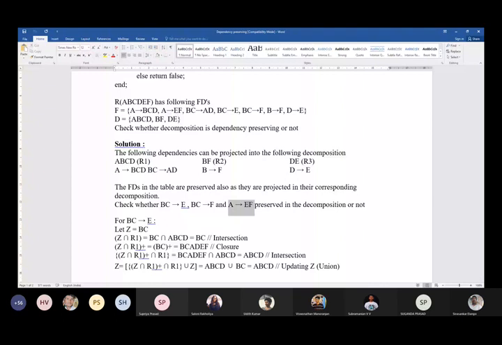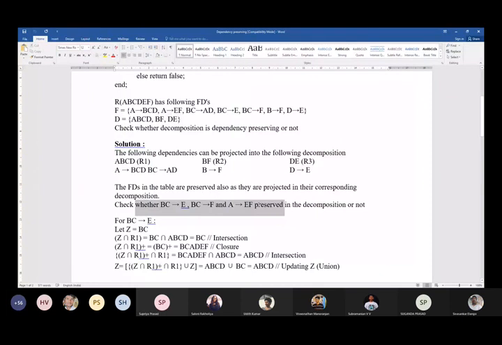BC determines EF, BC determines E is true, BC determines F is true, right? That's it. You need to check whether only these three functional dependencies are preserved in the decomposition or not.